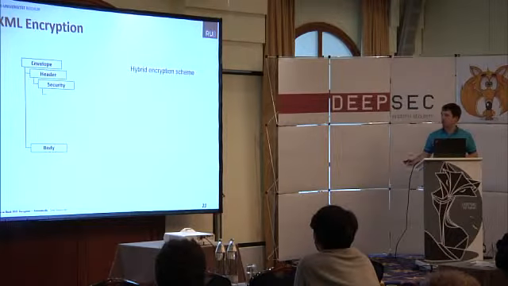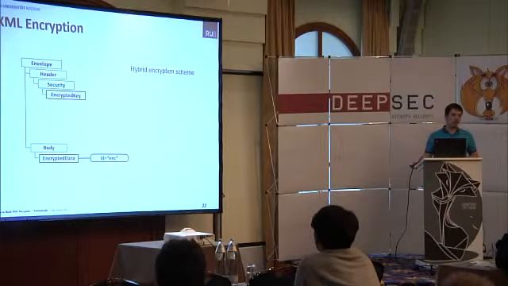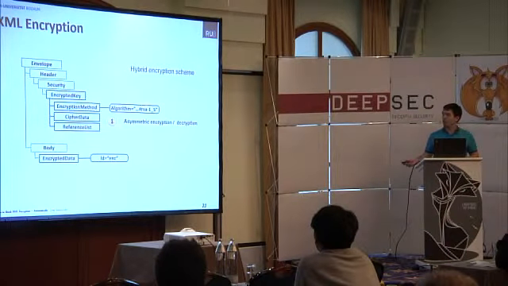Imagine we have this envelope and body element, and we want to encrypt the content of the body element because there is some confidential data. We first create the encrypted key element and the encrypted data element. Then in the encrypted key element, we use some public key encryption algorithm to encrypt some symmetric key.